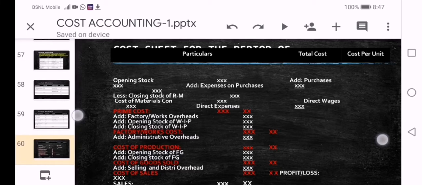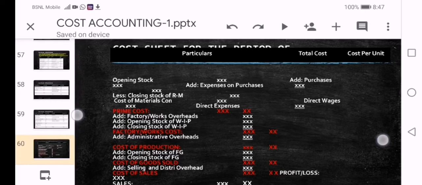So again I am repeating, opening stock of raw material plus purchase of raw material plus expenses on purchase of raw material added. After adding these three, you have to deduct closing stock of raw material. The amount that you will get is called cost of materials consumed.